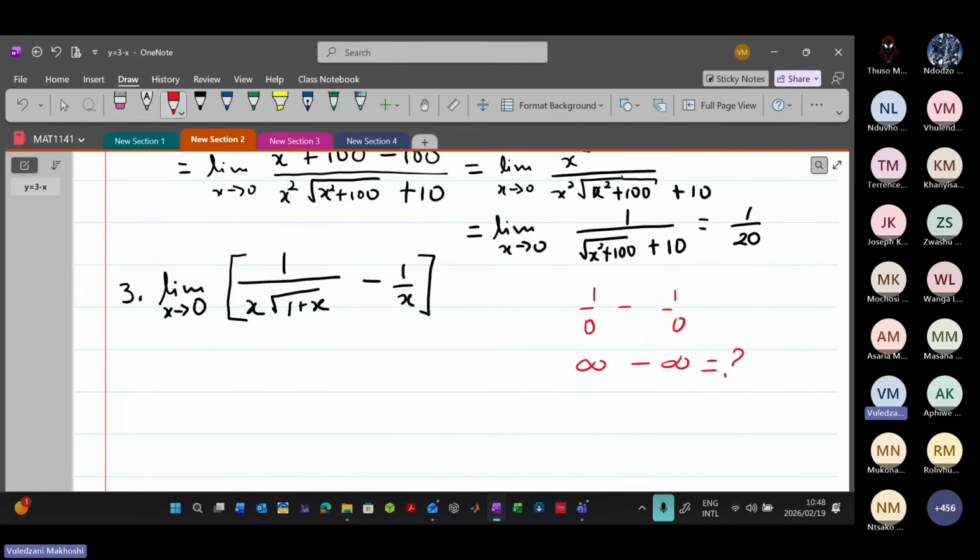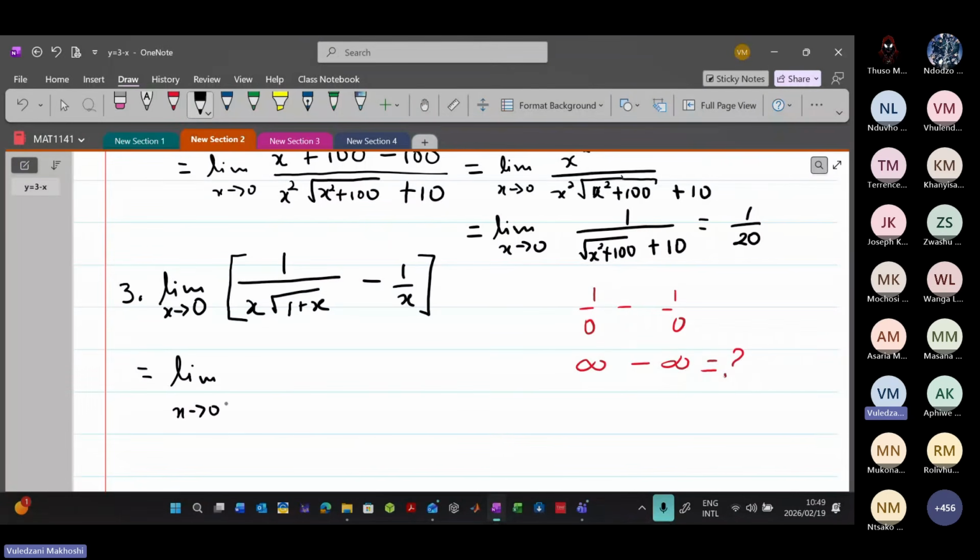But the point here is, when we get this kind of situation, infinity minus infinity, we know that the limit does exist. Just like when we get 0 over 0 up there, we knew that the limit does exist. So what we're going to do is just rewrite this algebraically.